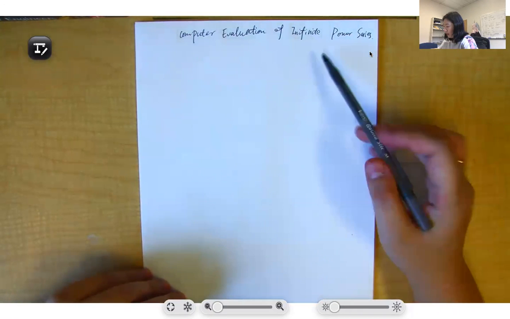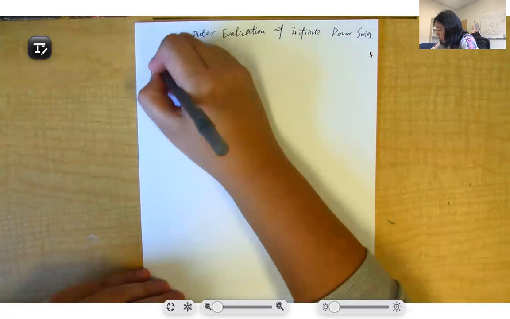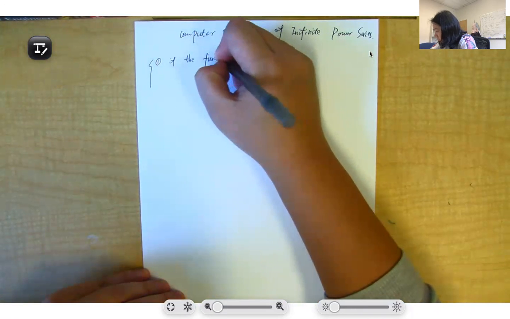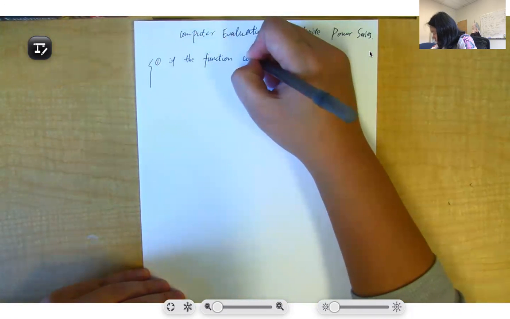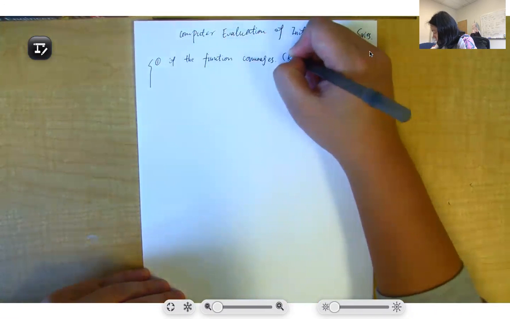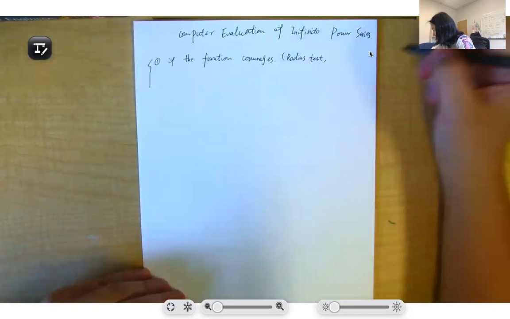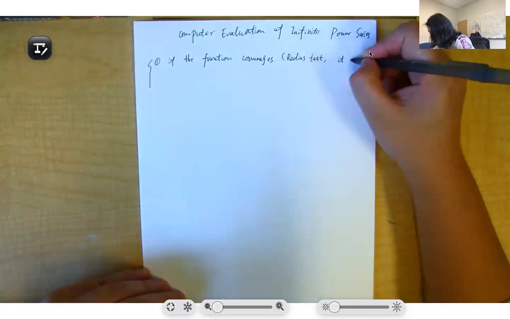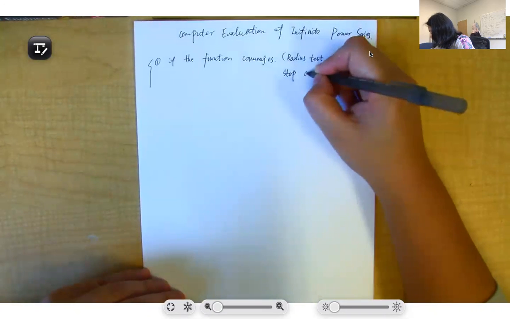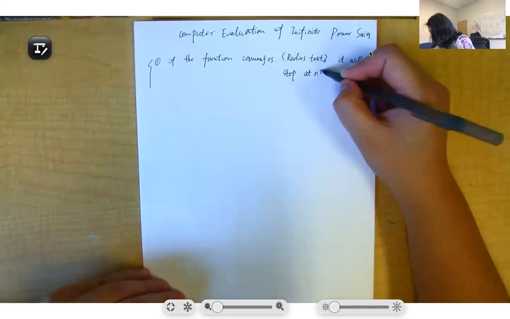And here we want to first check if the power series function can converge, and that is from the ratio test. Then we will stop at the nth step, nth term.